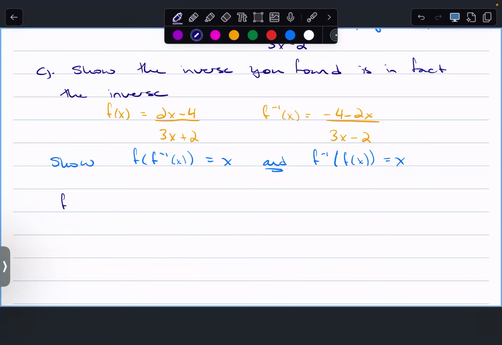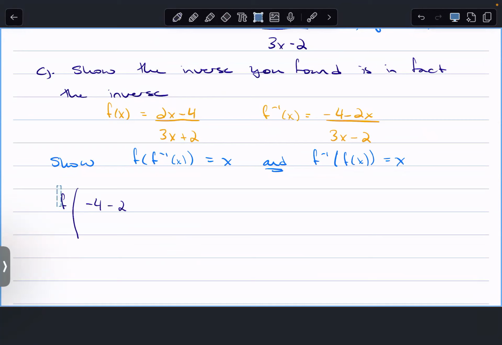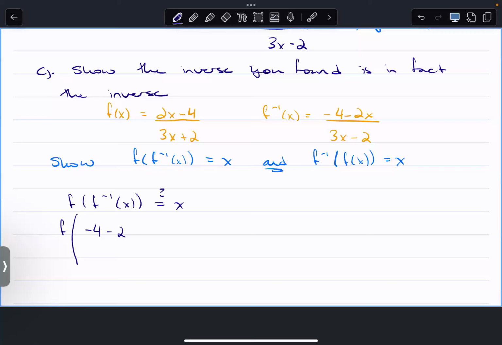I'll use big brackets because I have a fraction, but I want to use -4 minus 2x. You know what? It's our final exam review. I should probably do it properly. We want to show that f of f inverse of x is equal to x. Now I toss a little question mark up there, just to show that, hey, is this true?